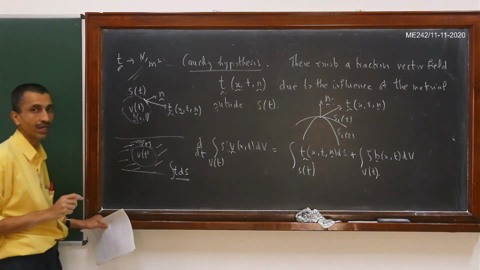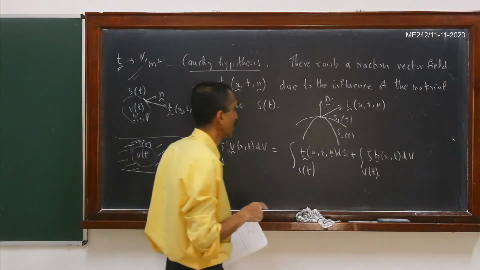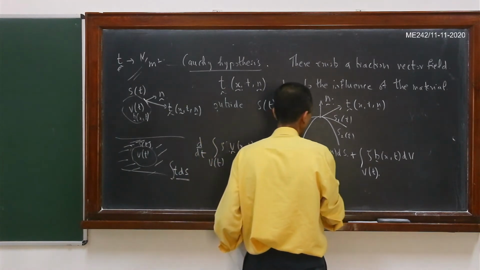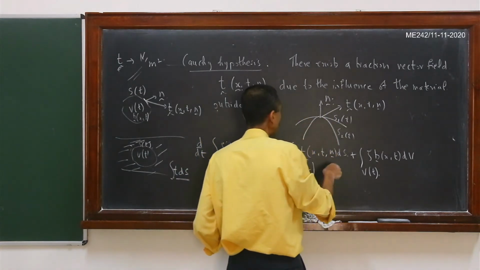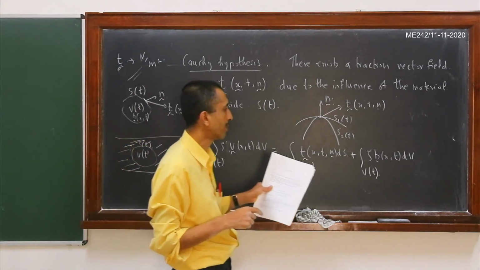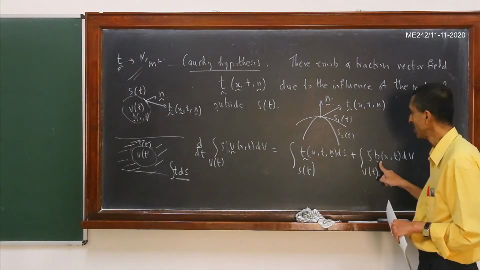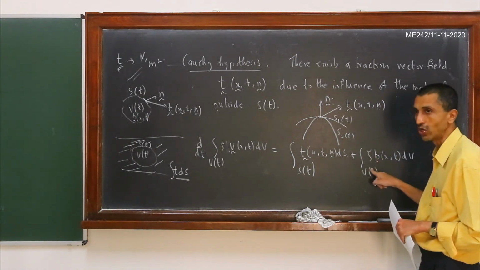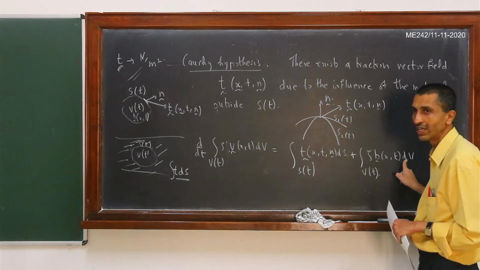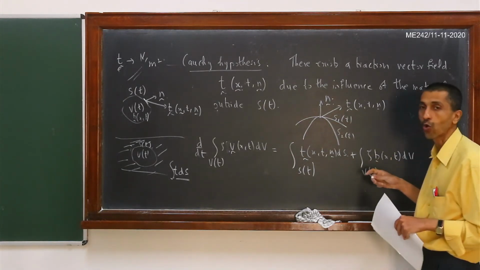When you integrate it, you get the total surface force that is acting on the body. So this T dS is the total surface force due to the tractions, and then the body force we have already said, right? The b is the body force per unit mass, then rho is mass per unit volume, and this is dV, which is volume, right? So when you integrate this, you get the total body force.